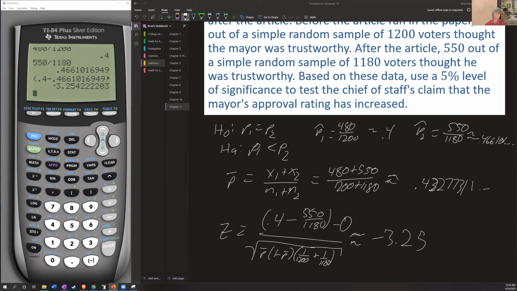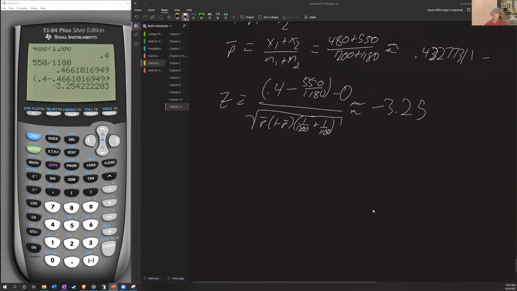Okay. So now, if we're doing this by hand, we're going to make use of our rejection region. We're noting here that our level of significance we were given is 0.05. So the z sub alpha here is negative 1.645.